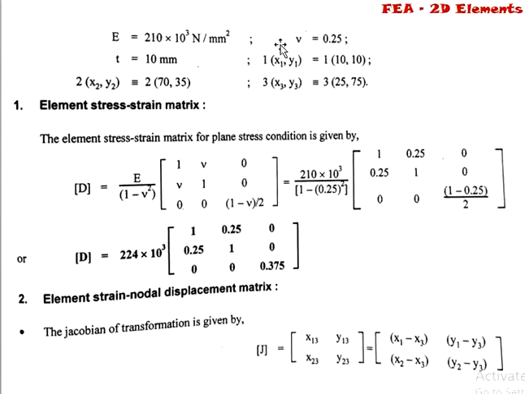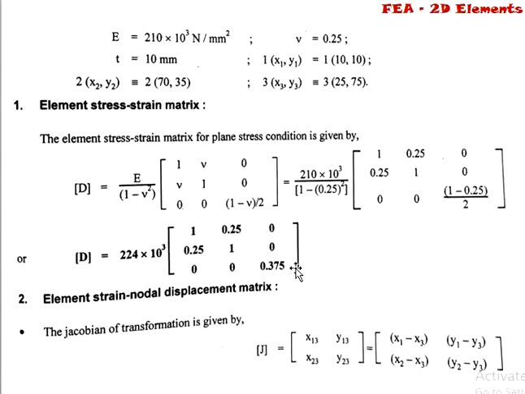We have the value of E, Poisson's ratio, thickness, then coordinates x, y of nodes 1, 2, 3. First we will calculate the stress strain matrix, that is D. According to the relation we require E and only Poisson's ratio. Both values are given, just put them in this matrix and we will get the value of D.